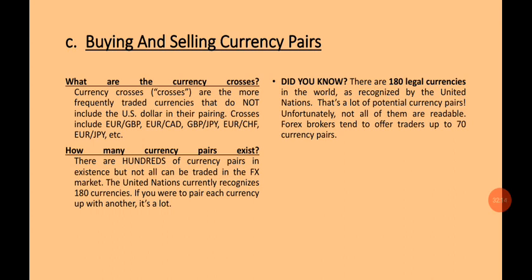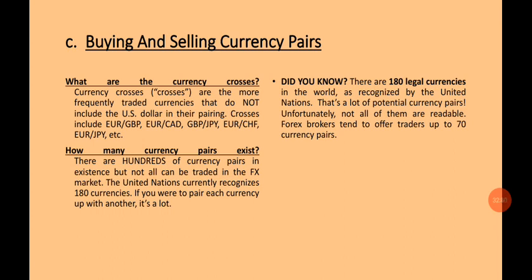How many currency pairs exist? There are hundreds of currency pairs in existence, but not all can be traded in the forex market. The United Nations currently recognizes 180 currencies. If you were to pair each currency up with another, it's a lot.